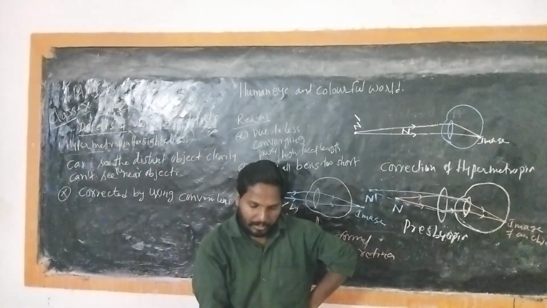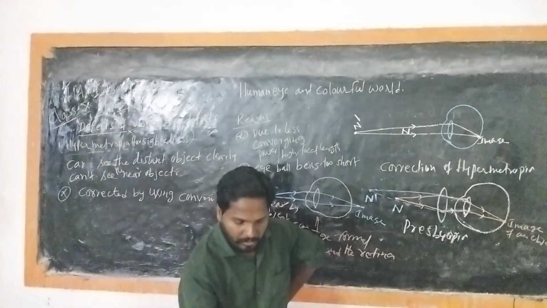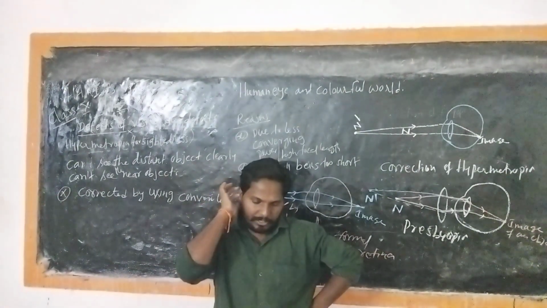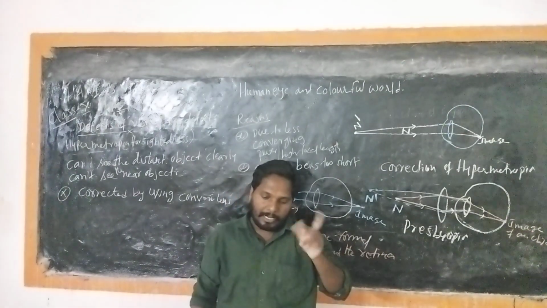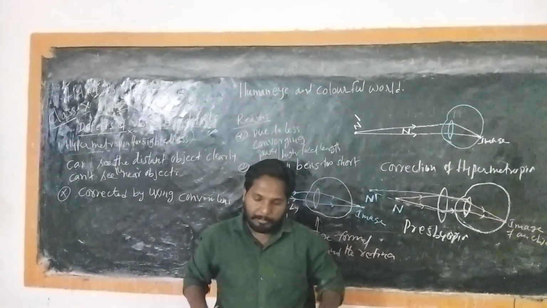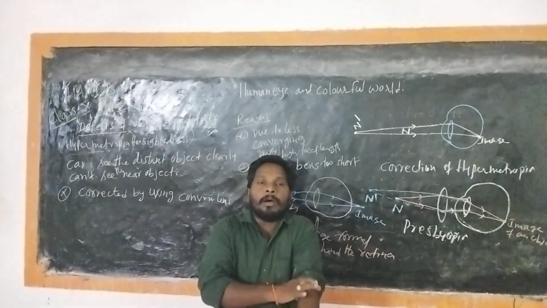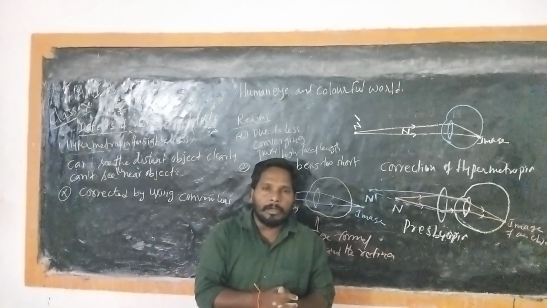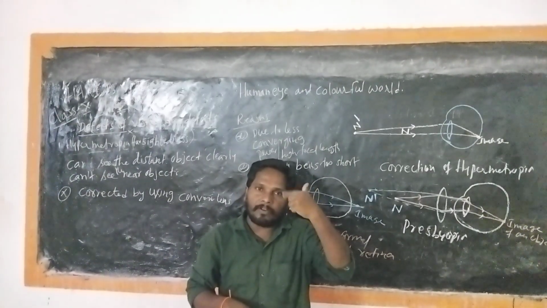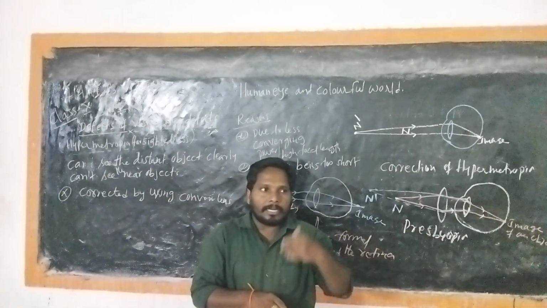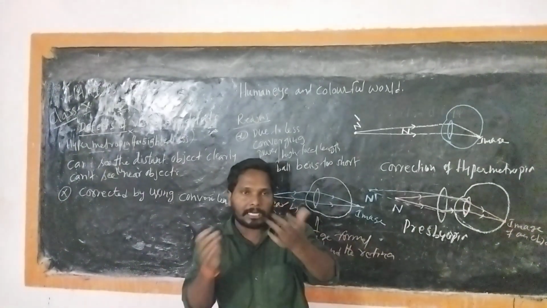Right? Then the other one is cataract. It is a medical condition in which the lens of the eye of a person becomes progressively cloudy, resulting in blurred vision. So some white layer is formed on the eye, and that layer makes the person see the image of an object not clearly.